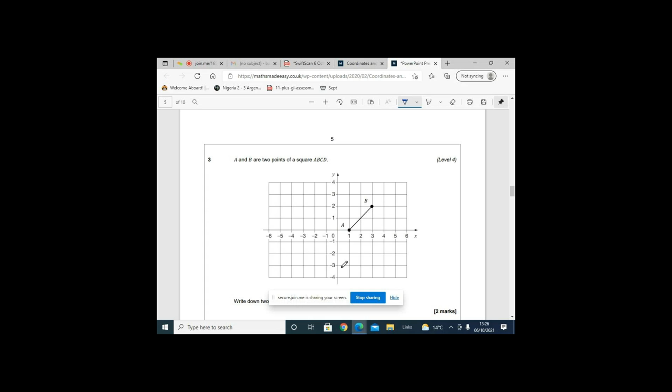Ooh, that's not it. 1, 2, 3 minus 2. Then 3 minus 2 and 5.